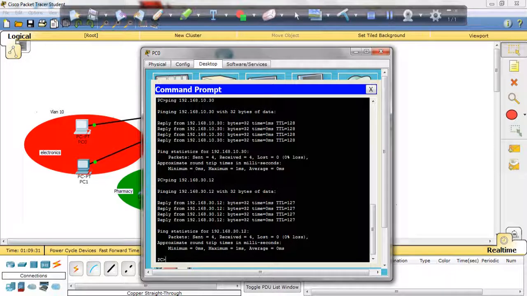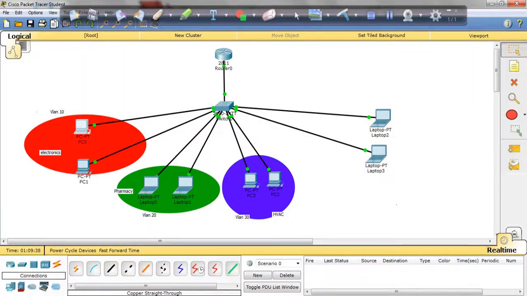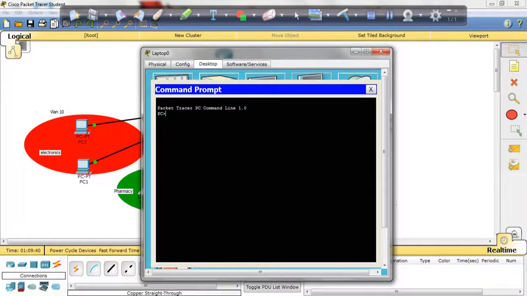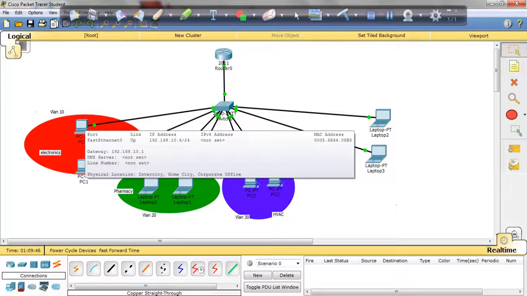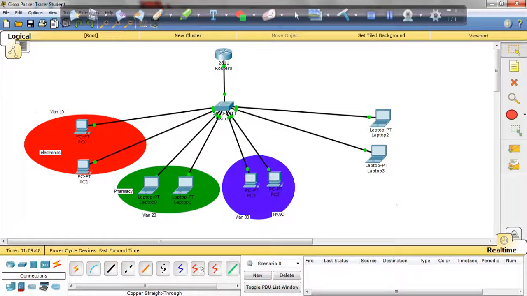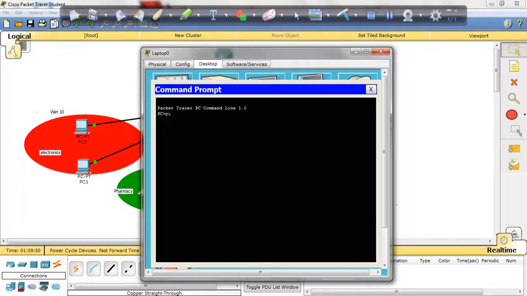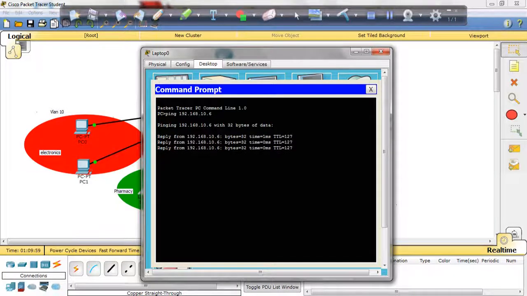Let's ping from the pharmacy to the electronics. Ping 192.8.10.6. And the ping is successful.